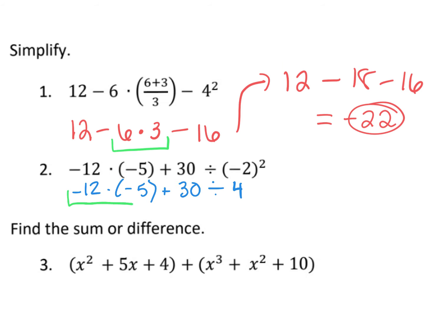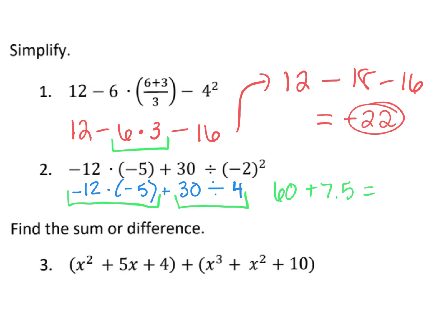So we're going to do our multiplication and division in the order they appear from left to right. So negative 12 times negative 5 is positive 60, because a negative times a negative is a positive. And 30 divided by 4 gives you 7.5.